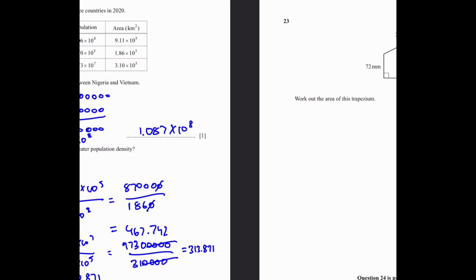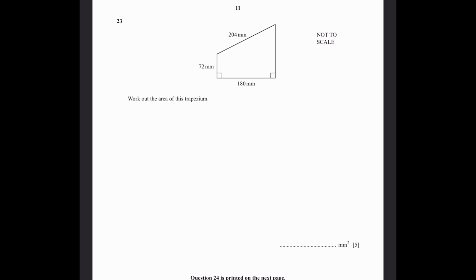That's the answer. Question 23. Work out the area of the trapezium. So if we flip this trapezium, we'll get a trapezium like this, with the measurements like this: 180, 72 at the top, and 204 at the side. So first thing you need to do is find out the length of this side.